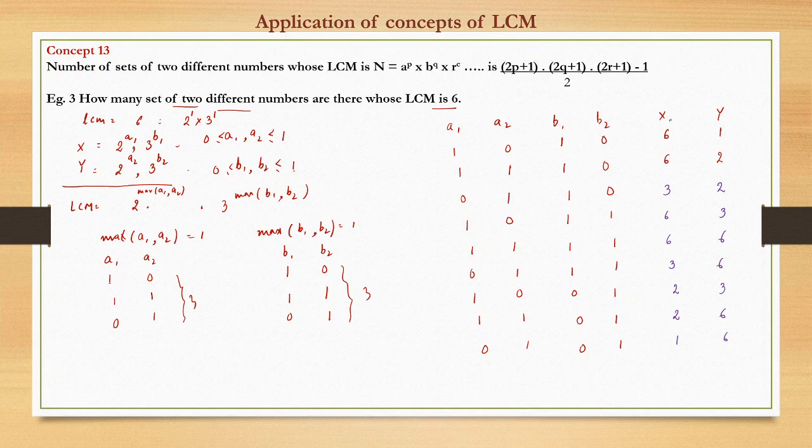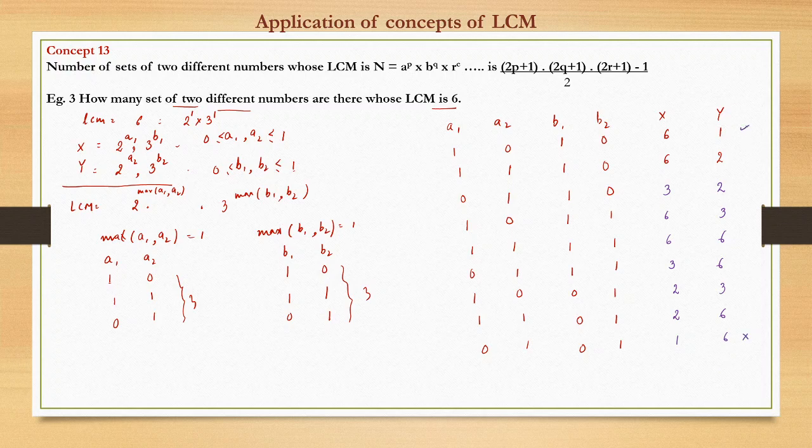We have now xy. So xy 6 1. And here we have xy 1 6. So just opposite thing. 6 1, 1 6. Opposite pair.